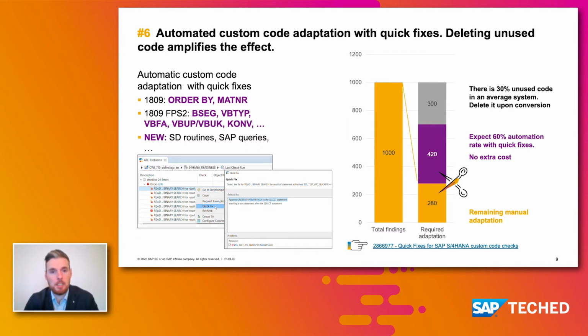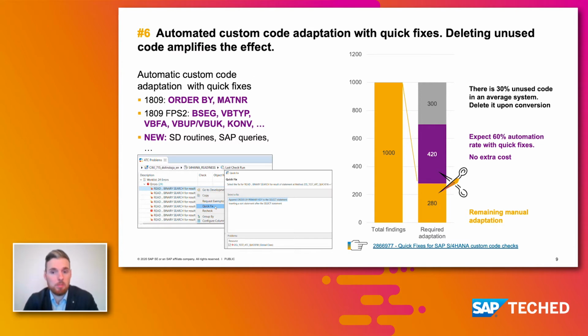For example, with SAP HANA, you have to add an ORDER BY statement to guarantee that all of the records always follow the same order in the result set and that there are no different orders within the same statement. This is available as a quick fix, and the ORDER BY statement is automatically added at the end of SQL statements.